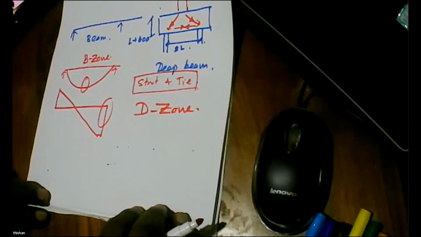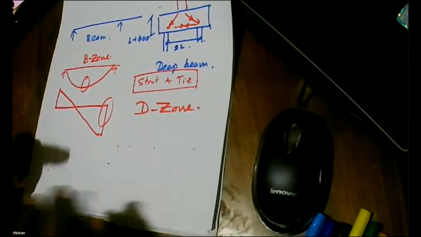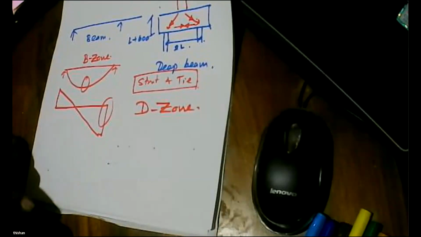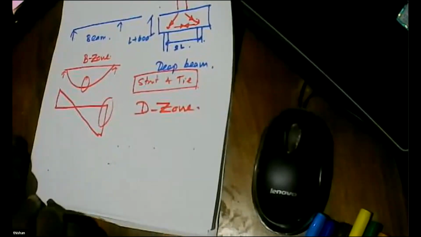So this actually was started by a USA person. So US codes are also strong on B zones and D zones. But Eurocodes are also very strong because actually the origin is in Germany.